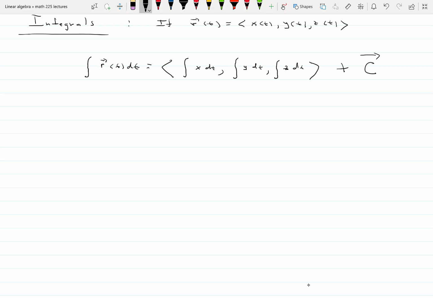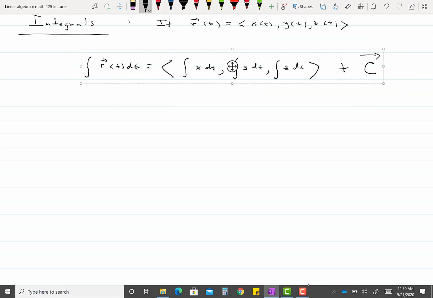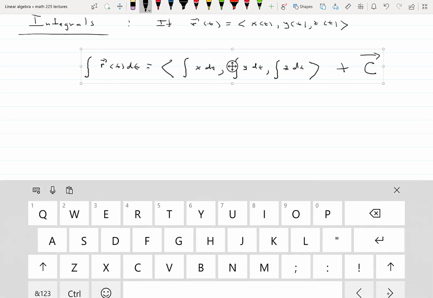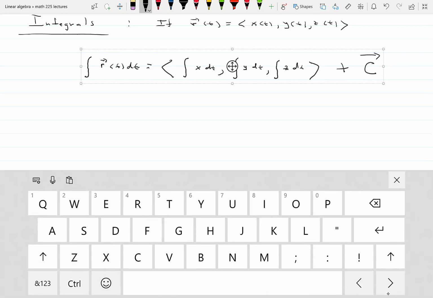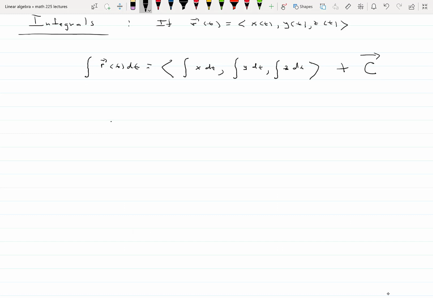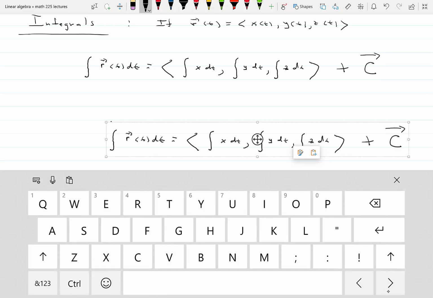Okay, the same thing holds true with definite integrals. So if I replace the indefinite integral with a definite integral, I'm attempting to be lazy here, so I'm going to see if I can copy it and paste it. We'll see if it works. Okay, cool.